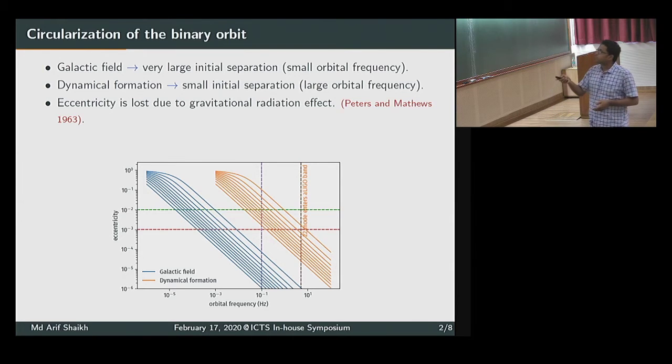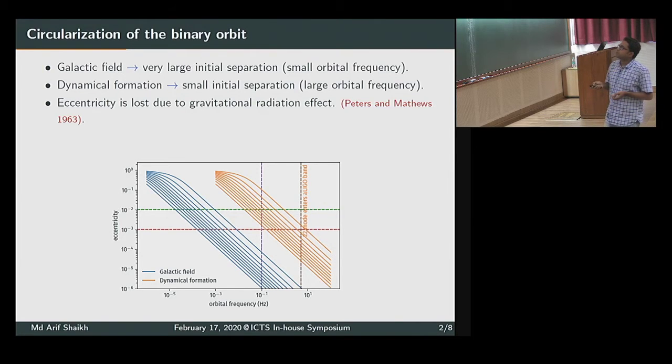But we see that for both of these channels, when the binaries enter this region, their eccentricities are far below, let's say, 10 to the minus 3. So even if we have some capability to measure eccentricity in this range, we will not find any, because for both channels the eccentricity has decreased to very small values.